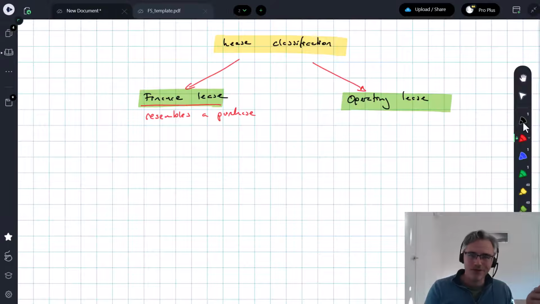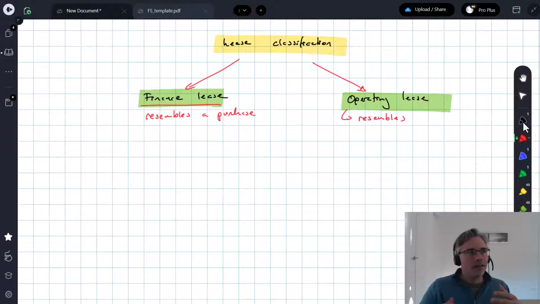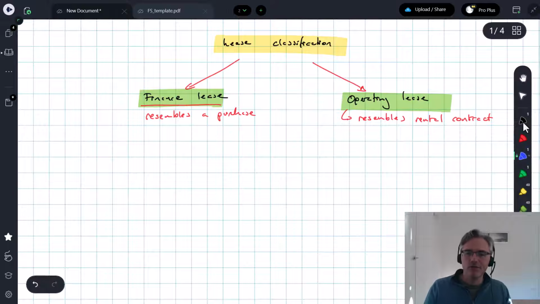You haven't purchased it because you're leasing it, but you feel almost like an outright owner, although you're really legally not. In an operating lease situation, it's going to be very different because your stance and the benefits and risks that you feel resemble much more an asset used under a rental contract, which is typically much more short term and without subjecting us to so much risk.